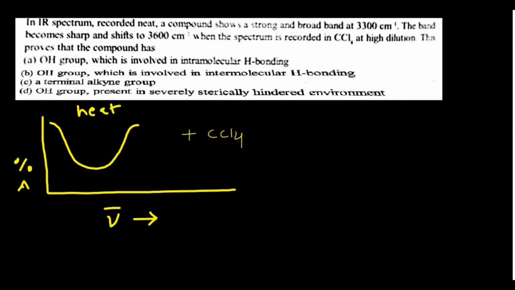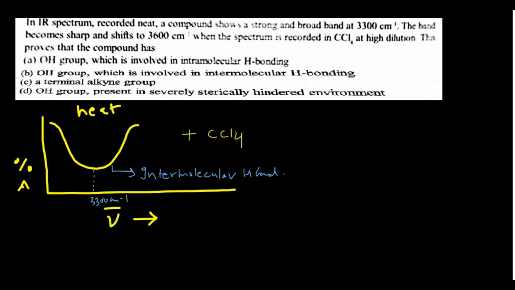Initially that broad band due to the OH, this band is actually due to the hydrogen bonding, intermolecular H bond. Please remember, broad strong band around 3300 centimeter inverse is due to your hydrogen bonded OH group. So it is centered around 3300 centimeter inverse.